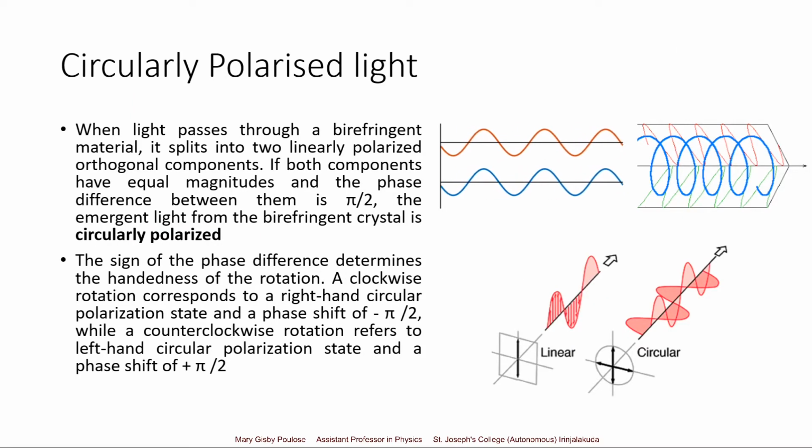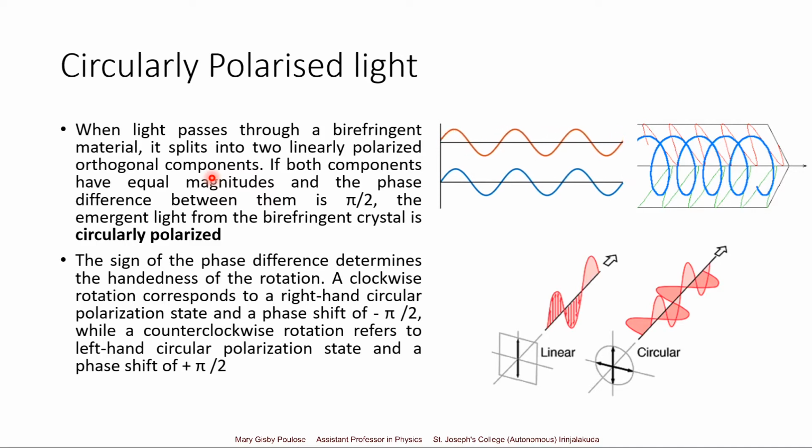Now, what do you mean by circularly polarized light? When light passes through a birefringent material like calcite or quartz, it splits into two linearly polarized orthogonal components. So when light enters the calcite crystal, it will split into two, O ray and E ray, and they will be perpendicular to each other.